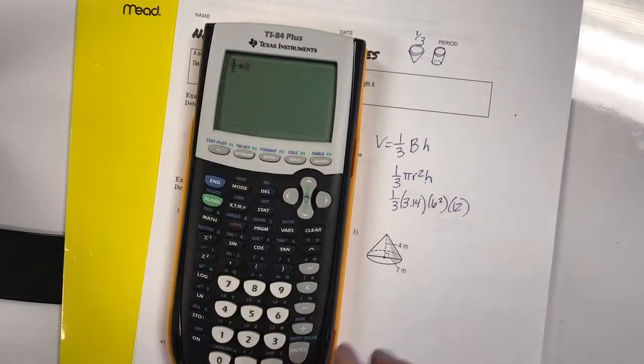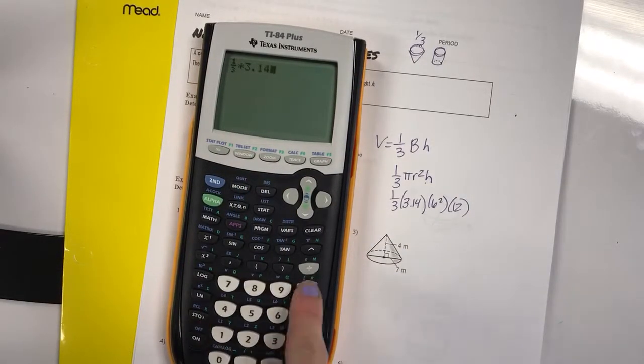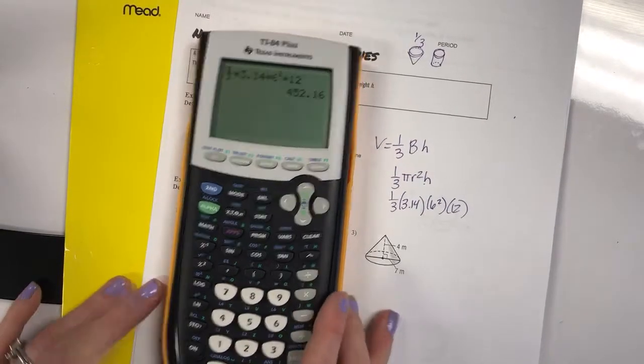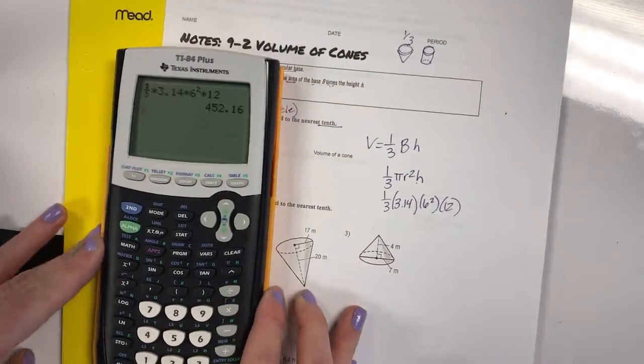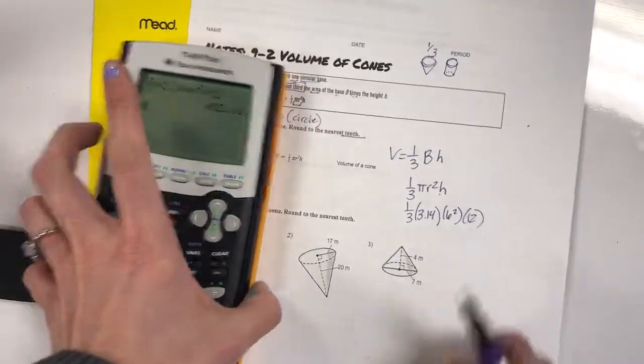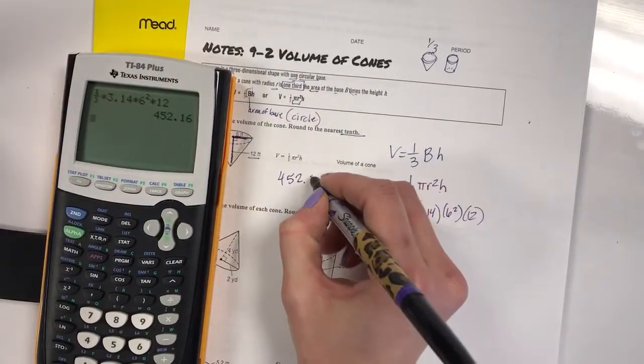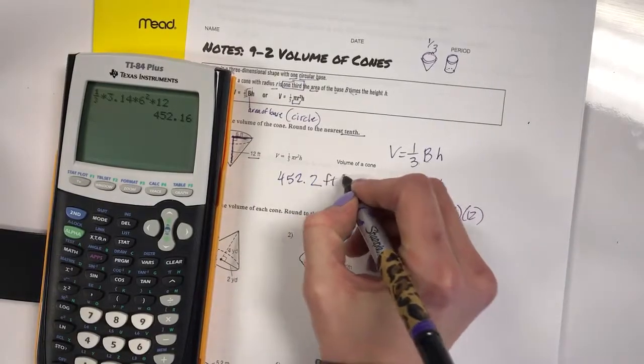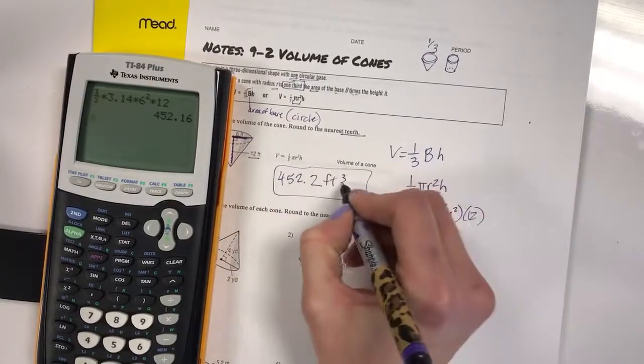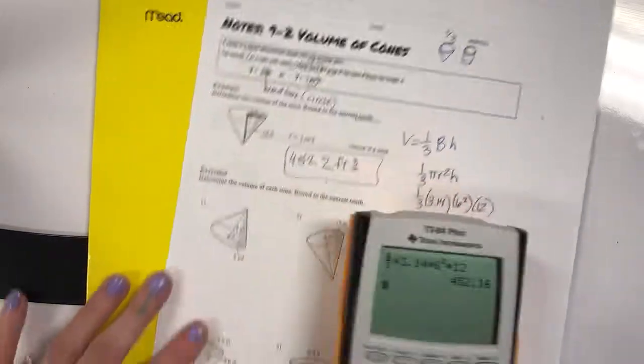So 3.14 times 6 squared times 12, and we get 452.16. So 452.2 feet cubed. Since it's volume, a 3D shape, we use cubed.